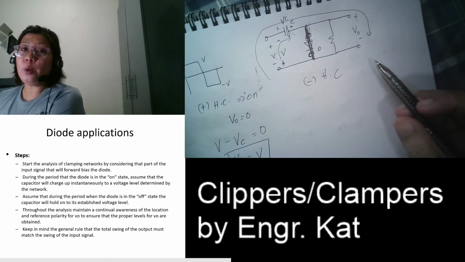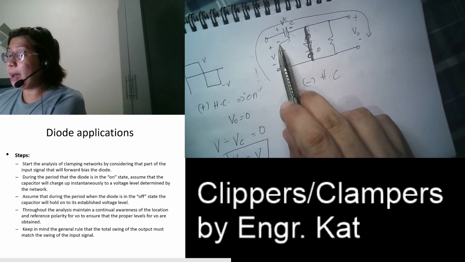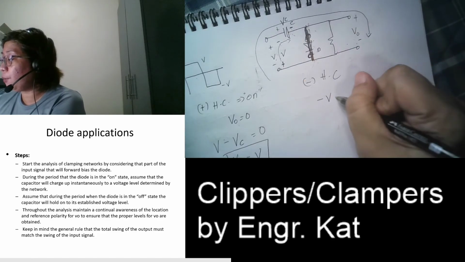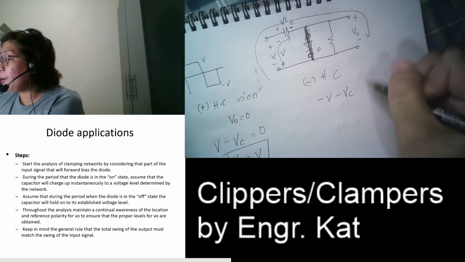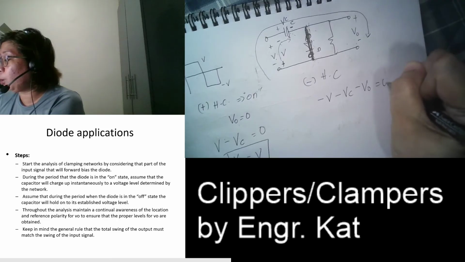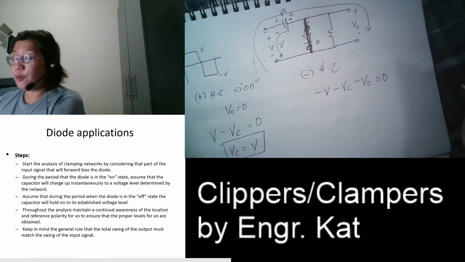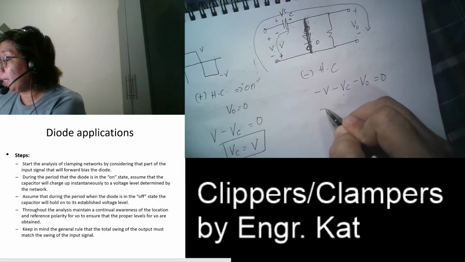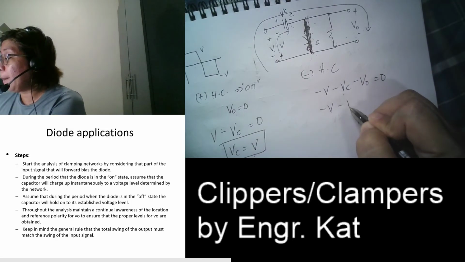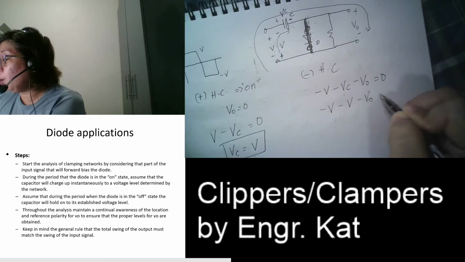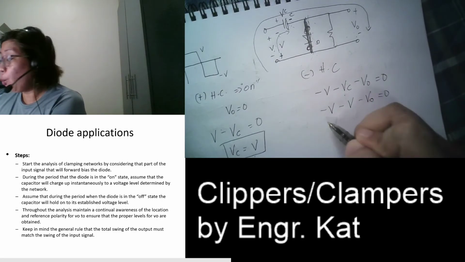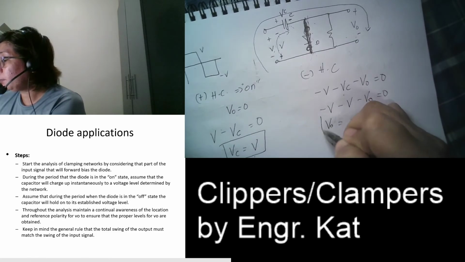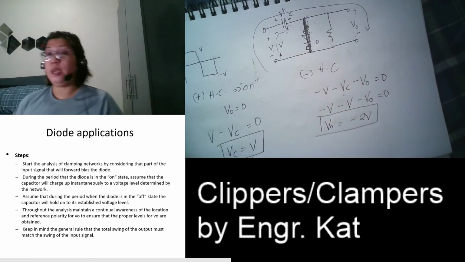So if we have a loop there, you have here minus V, negative half, you have here minus VC, you have here minus VO is equal to 0. So what is your VO equal to? VC is equal to V, so we can rewrite this as minus V minus V minus VO is equal to 0. So VO is negative 2V.